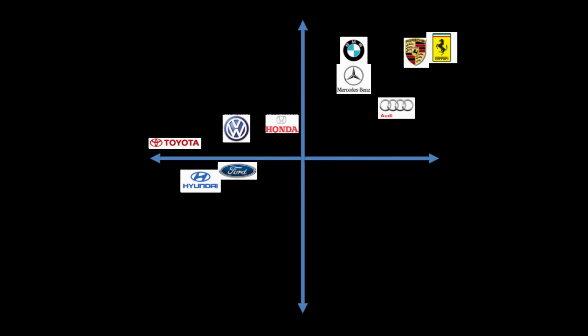Market mapping happens in several stages. The first stage is to identify the features of the product considered to be important to the consumer. This will be established by market research.